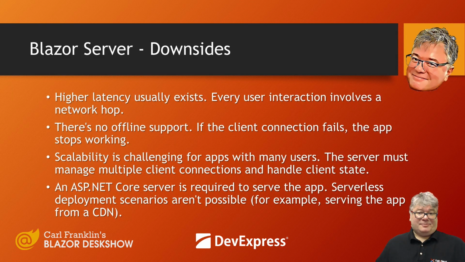There's no offline support. So if your network goes down, your app just stops. It stops working. And, good thing that there's some semblance of an error message that pops down at the bottom of the page. But your app will just stop working. The buttons don't work. The nav bars don't work. Like nothing works.